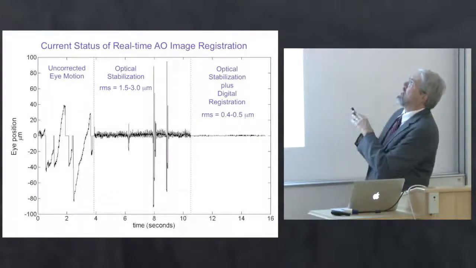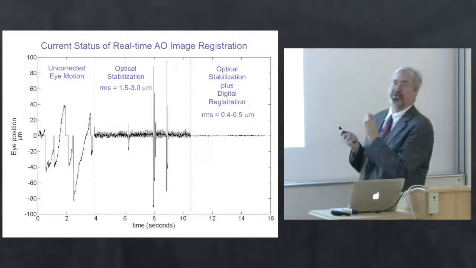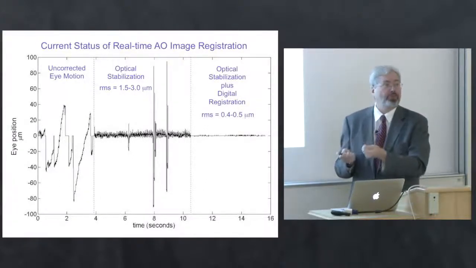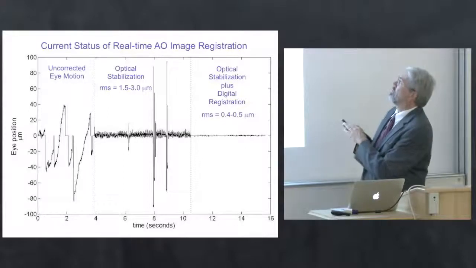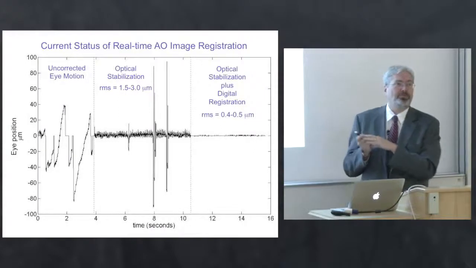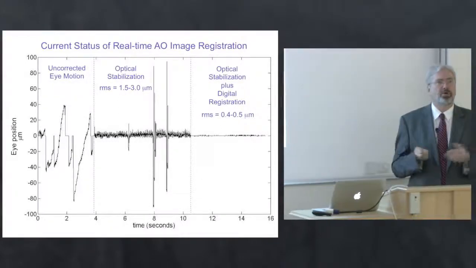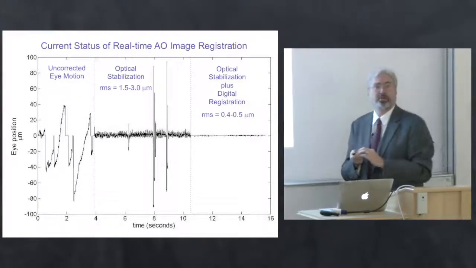And then when we add to the optical stabilization a digital method, and this is all done in real time, by the way, then we can drop it even further down to a level of about 0.4 to 0.5 microns, which is a quarter, a fifth the diameter of a foveal cone.